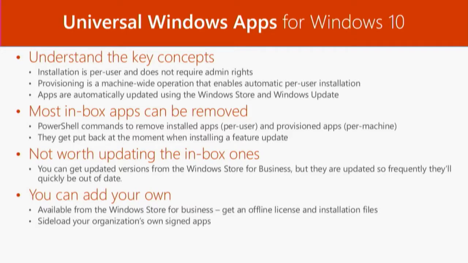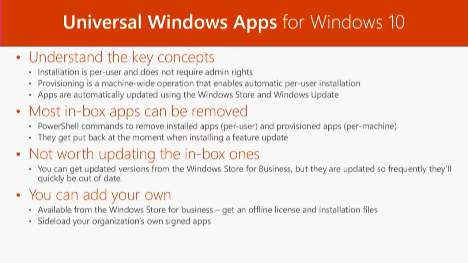After you sysprep, after you deploy the image, log back in again, all of those provisioned apps reinstall for each user on the machine. So in order to remove apps, you have to deprovision them. In order to add apps that will show up for every user, you have to provision new ones. So it's worth understanding the process for how to do that so that you can customize the images.